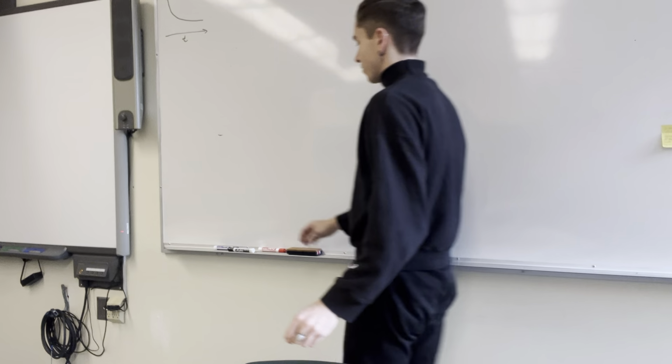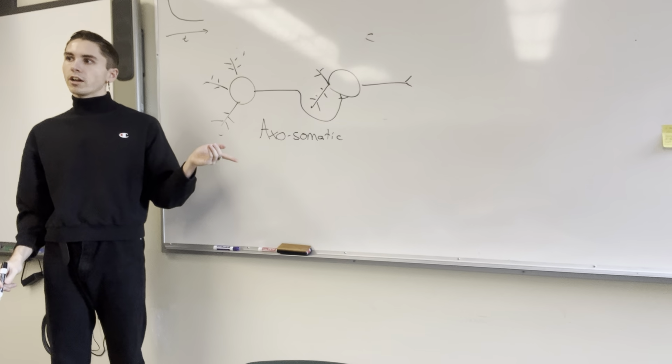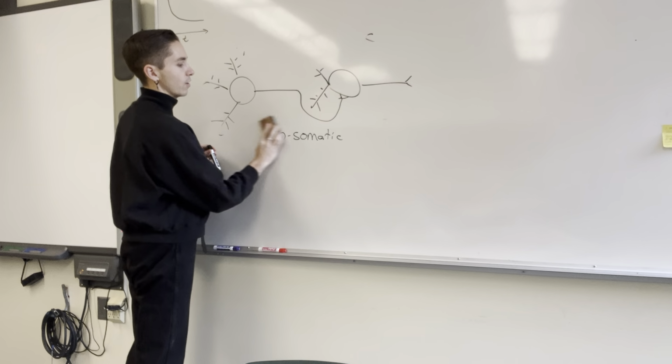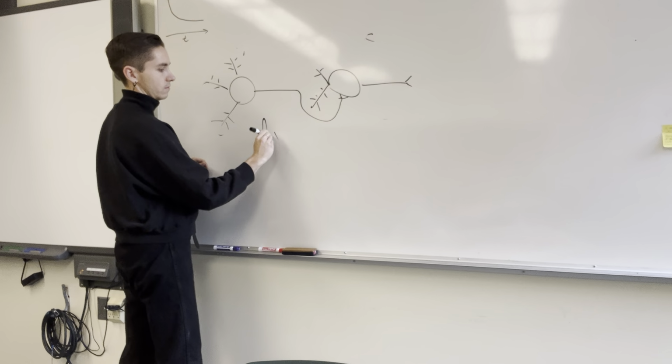So in the case of axosomatic, what you would get, that's interesting, is instead of the axon synapsing onto the dendrites, you would have it synapsing directly onto the cell body of another neuron. And how about axoaxonic? Where do you think that one would synapse? Oh, axon. Yes, exactly. So that one, you would have it synapsing onto the other neuron's axon.